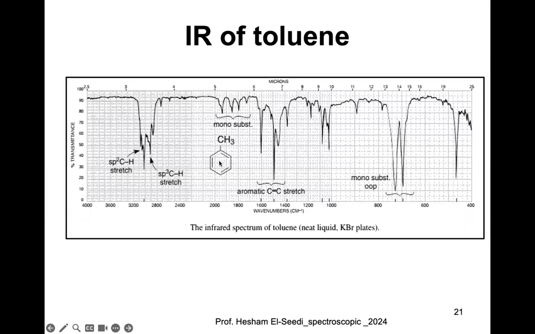So if you take this aromatic, you will see stretching here, right? Then the C double bond C at two peaks, 1,450 and 1,600. Then out of plane bending at lower IR value.